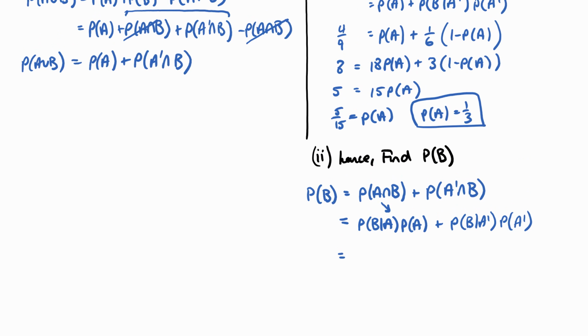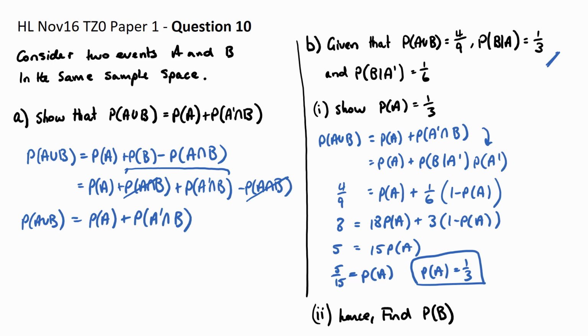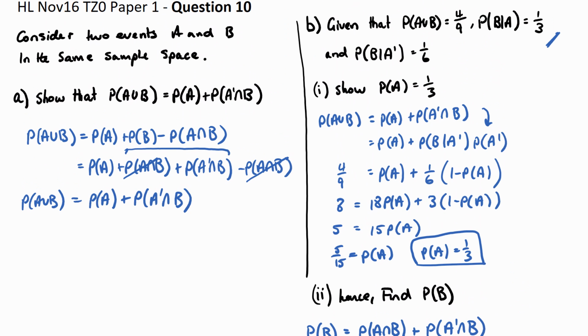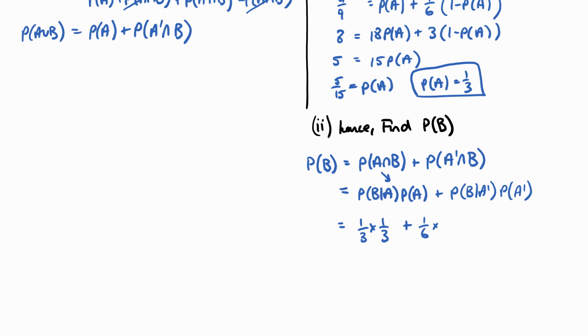Now the probability of B given A, that is given in the question, that's 1/3. So it's 1/3 times the probability of A, we just worked out, it's 1/3, plus the probability of B given not A, that was given, that's 1/6, times the probability of not A. Not A will be the opposite of 1/3, so 2/3.